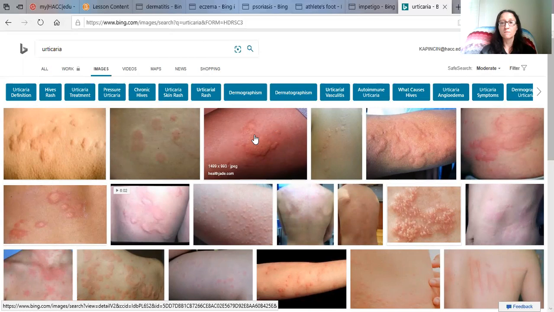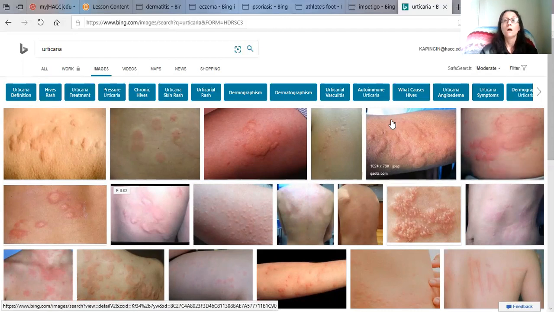So this is from some kind of allergy, something you got bit by, something that you rubbed up against. That is what causes urticaria. And if they're really big, like these over here, that's called giant urticaria. Sometimes hives are idiopathic. Idiopathic means no known cause. In other words, you could just wake up with hives one day for no apparent reason, and then they'll just go away throughout the day.